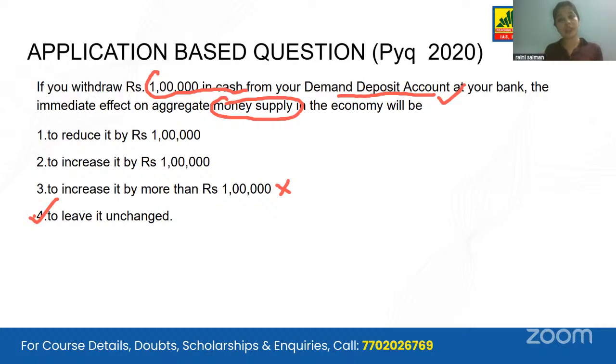And when you take it out, it is there in your hand. So again, the money is in supply. Only the form of the money has changed. Okay. In the form of demand deposit account, it was there. But when it came in your hand, it came in the form of cash or UPI, which you are using. Only the form of money has changed, but the money was already there in the supply in the market.